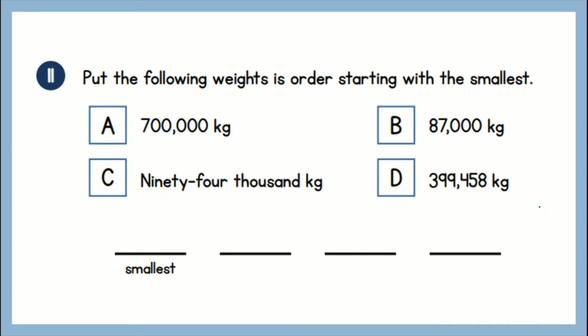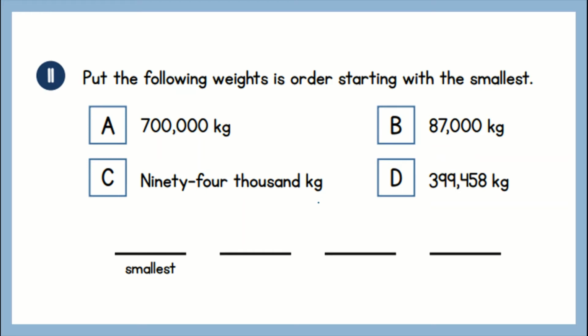Question 11. Put the following weights in order starting from the smallest. So here we have 700,000 kilograms, 87,000 kilograms, 94,000 kilograms, 399,458 kilograms.